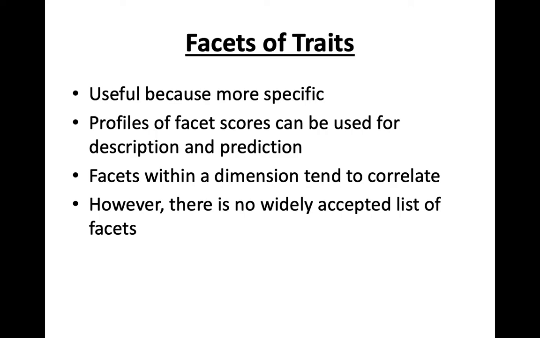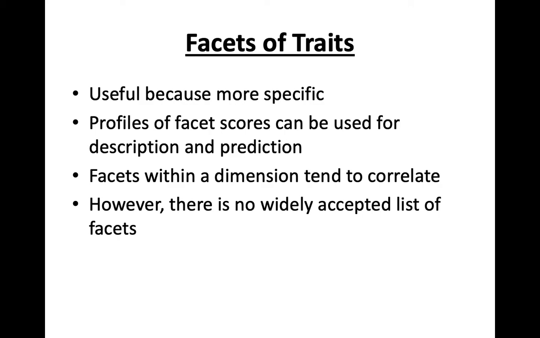Facets can be useful because they provide more specific descriptions of what a person is like. A precise profile of facet scores not only provides a better description of a person, but it would allow us to predict how somebody would do in a variety of different jobs, or how successful they would be in different domains in life.